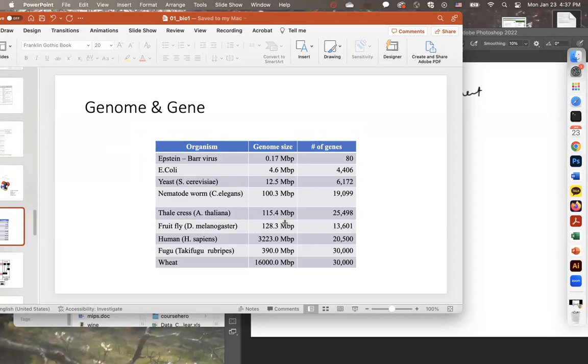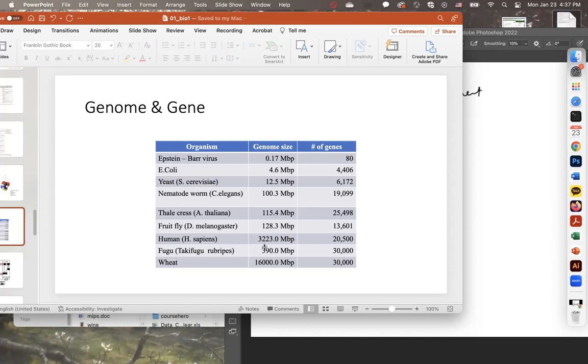But if you look at the number of genes contained in each genomic sequence, virus about 80, bacteria 4,000, and so forth.